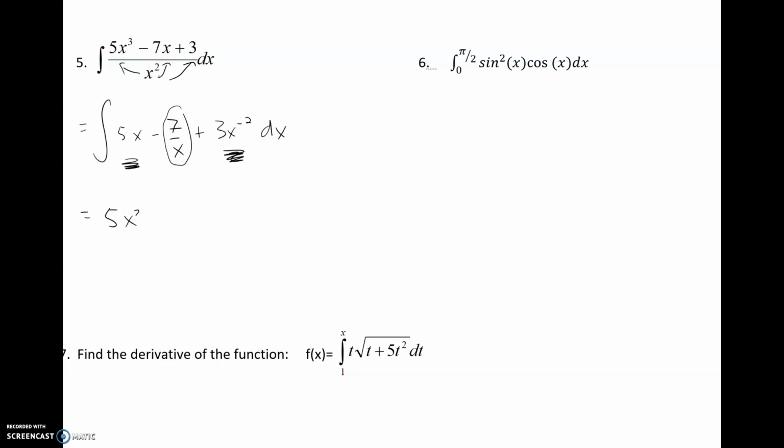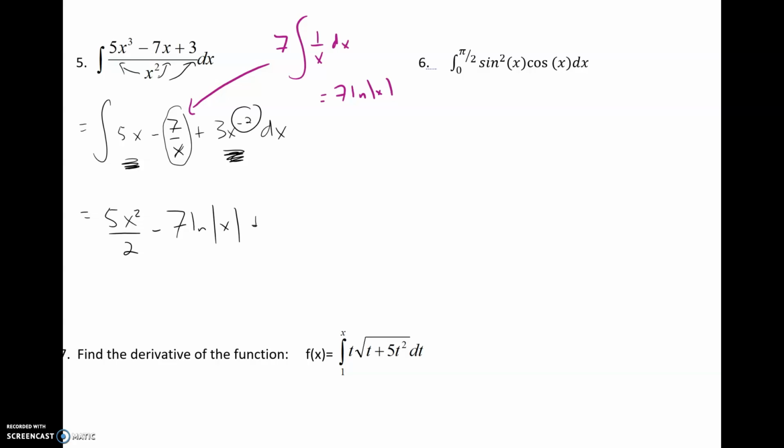So I got 5x squared over 2 minus, if you want, 7 times the integral of 1 over x dx, which is going to be 7 times the natural log of x, right? That's the one where we don't add 1 to the exponent. So that's 7 natural log x plus, and I'm going to add 1 and divide by the new power, so plus 3x.